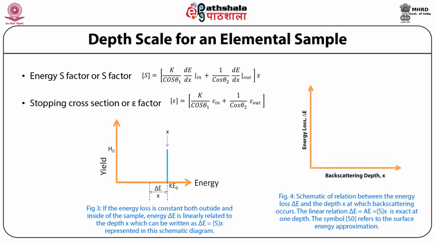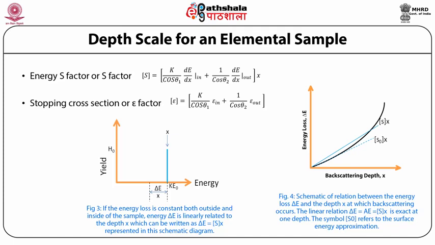Figure 4 depicts graphically the relation between the energy loss ΔE and the actual depth x at which backscattering occurs. It is clear from the graph that it is not exactly linear.